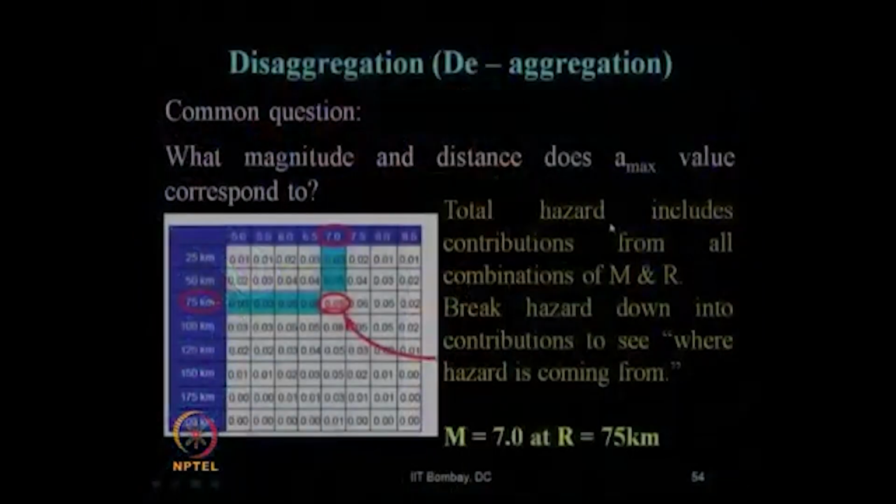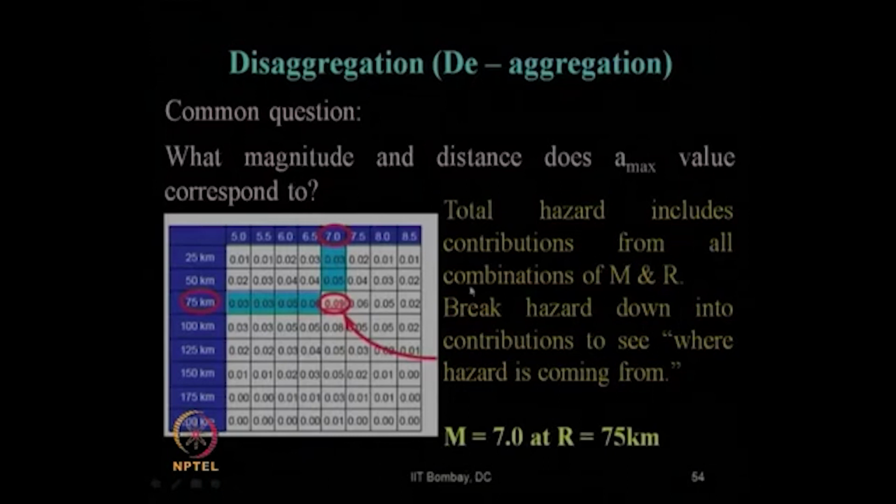The total hazard includes contributions from all combinations of M and R, as we have already mentioned, but we can break that hazard down into contributions to see where the majority is coming from. Suppose the chosen design value comes out to be 0.09.